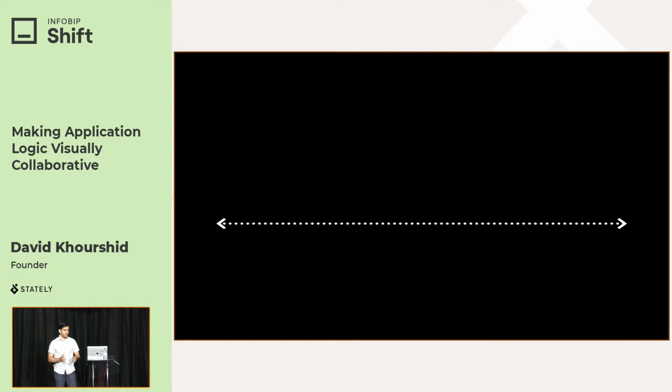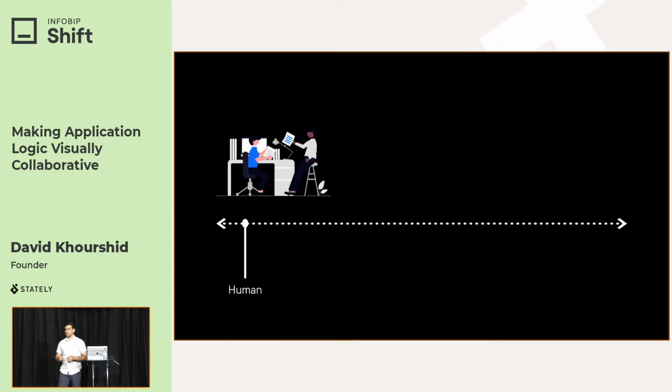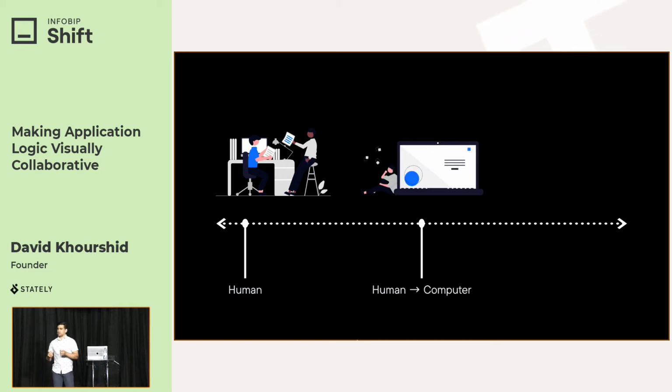And so the way we could think about it is like this. We talk about application logic at first in very human terms. So we're going back and forth between our coworkers, designers, project managers, saying like, this is how the app is supposed to work. And then when it comes to actually implementing it, we have to create some sort of way of providing that logic to the computer. And so we do this via code.